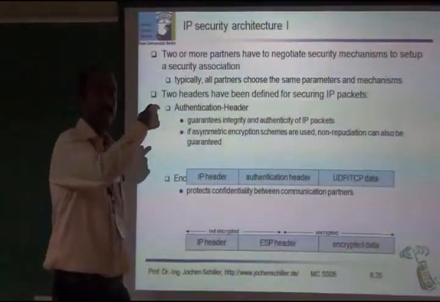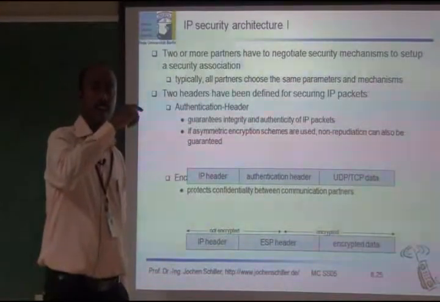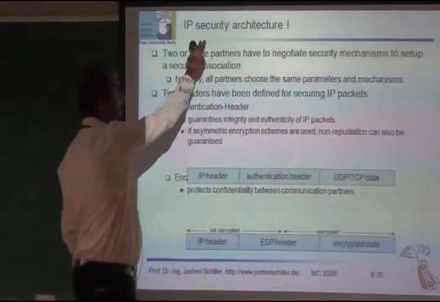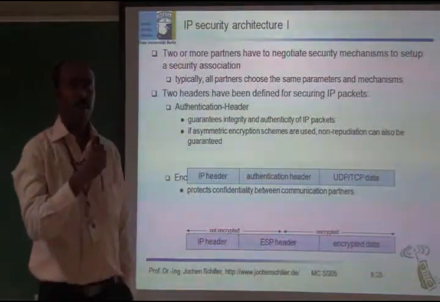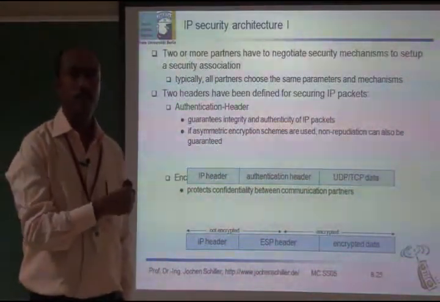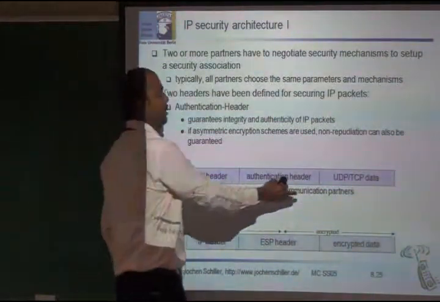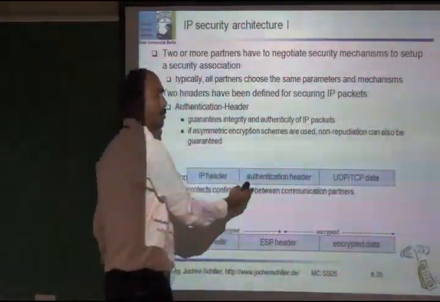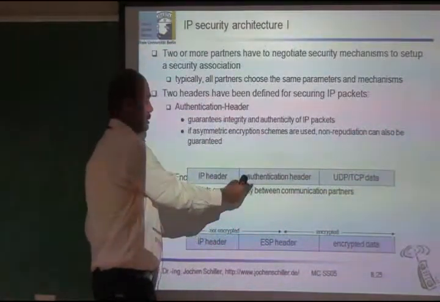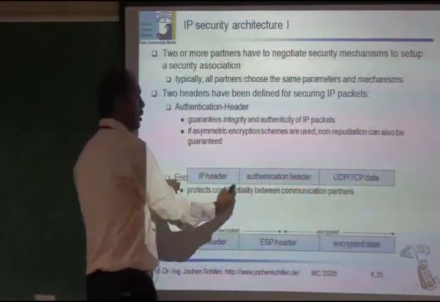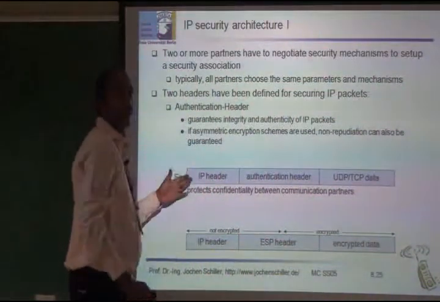I have already said in the previous topics about tunneling and adding headers. Why is the IP security architecture given along with mobile IP? Mobile IP automatically provides IP security features. The TCP data is provided with an authentication header, the whole data is treated as new data, and this new data is added along with the IP header.